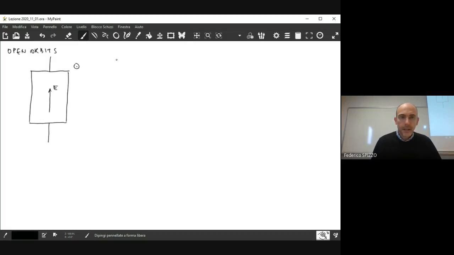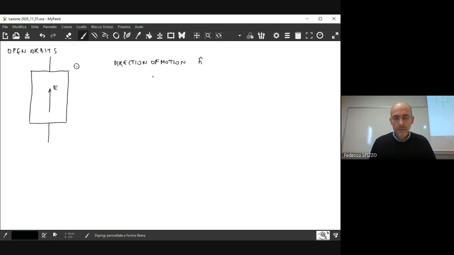So the direction of the orbit along which the electron may move into the solid is labeled as this versor n. So from now on, I will use versor n to represent the direction of one possible open orbit.